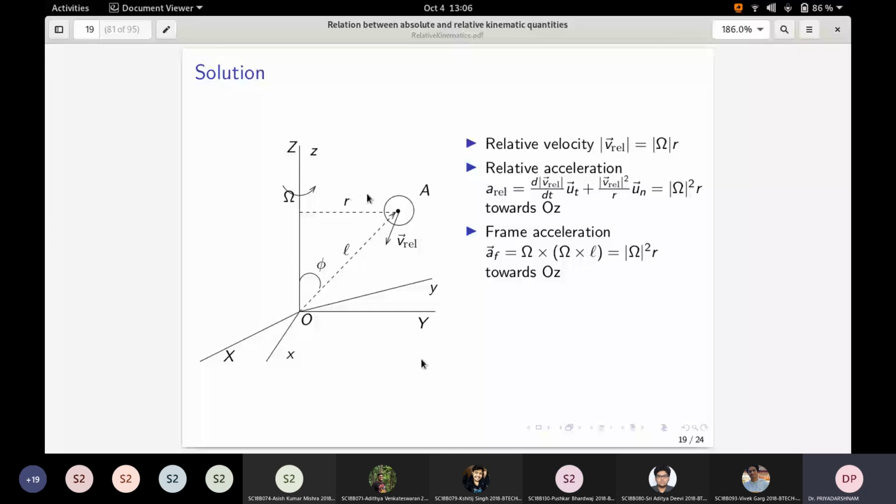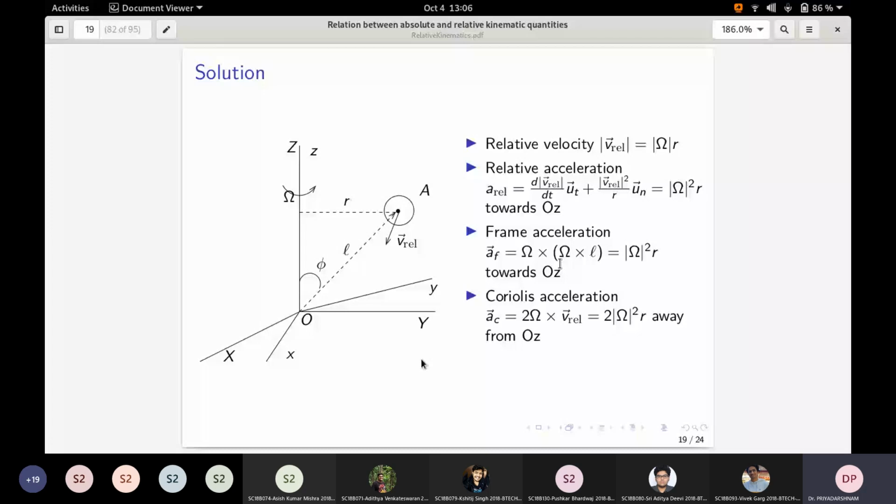Here I have used it as a constant distance from the OZ axis. So this quantity is also okay. So you have a relative acceleration as well as the frame acceleration. Two quantities are present. In addition to that, let us compute the Coriolis acceleration.